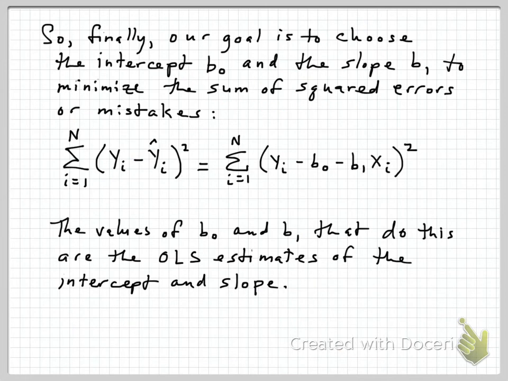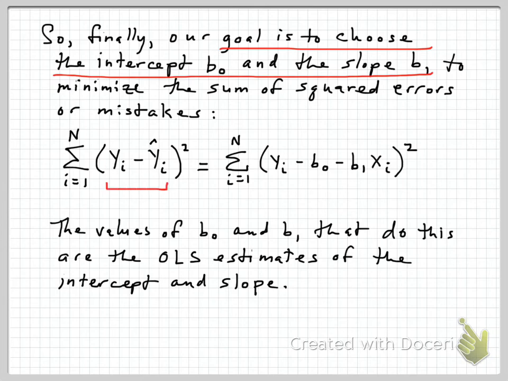So we get to the punchline at this point. Our goal is to choose the intercept b0 and the slope b1 for that line that minimizes the sum of squared errors, or squared mistakes. And again, here's the mistake for each observation I. We square it, and then we add it up.